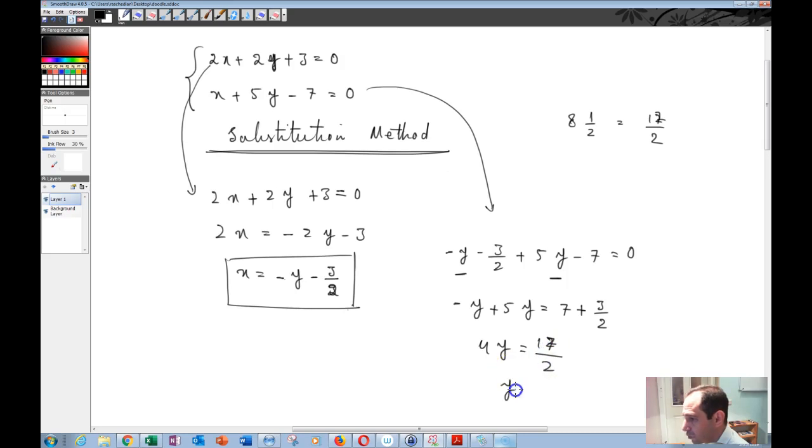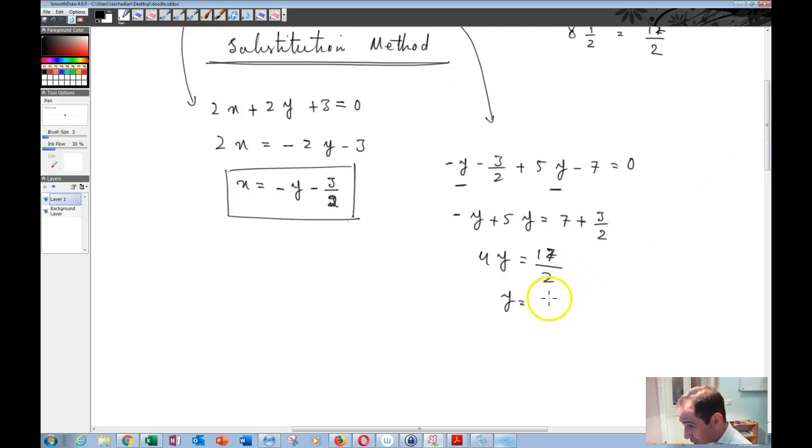So then y would be equal to 17 halves divided by 4, which is equal to 17 halves times 1/4, which is equal to 17 eighths. So then your y is equal to 17 eighths.